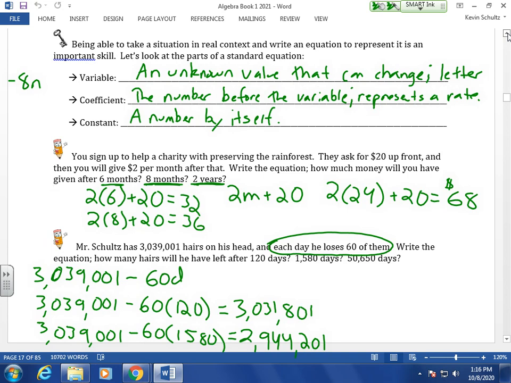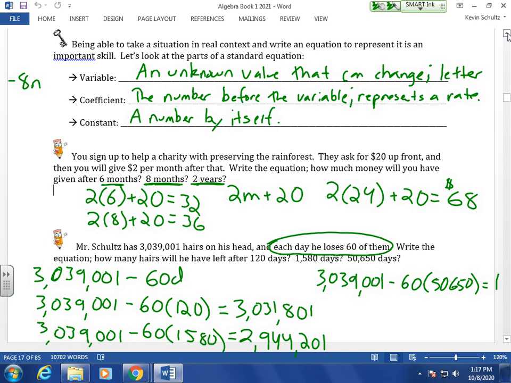And then lastly, 3,039,001 hairs minus 60 per day for 50,650 days. I didn't leave a lot of room to write because how many hairs will I have left? One. I hope it's really long so I can curl it and comb over back and forth and everything. But yeah, one hair.